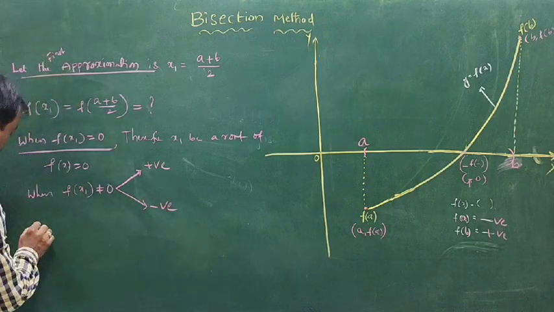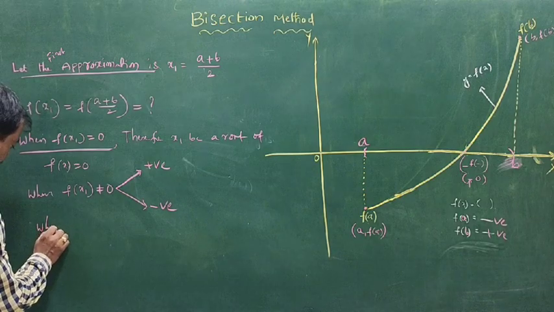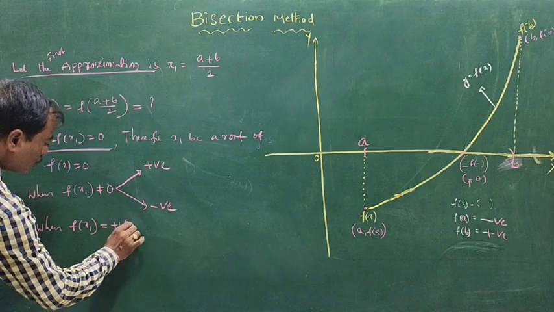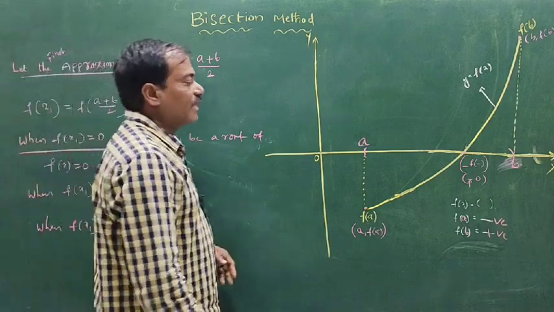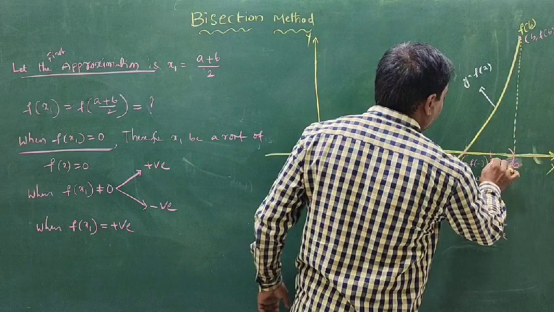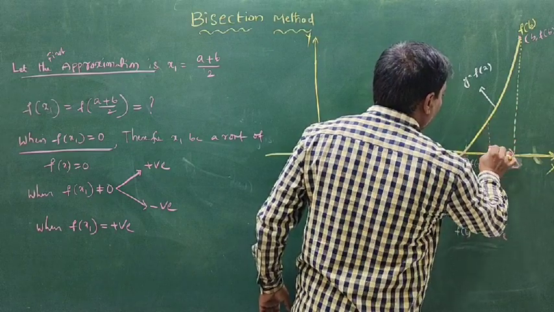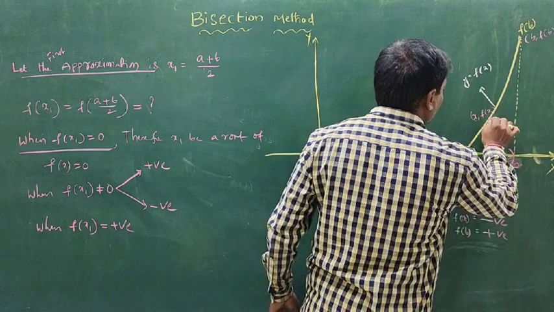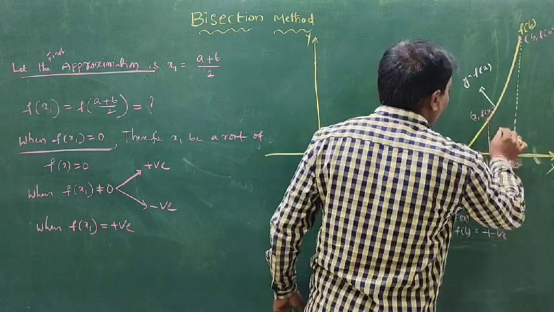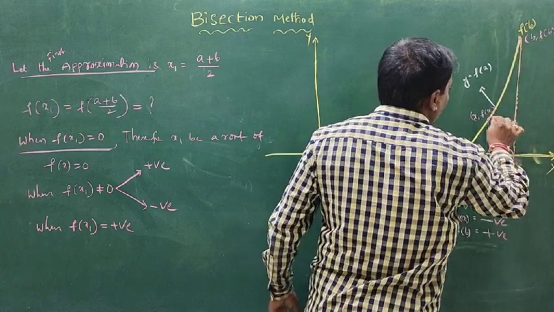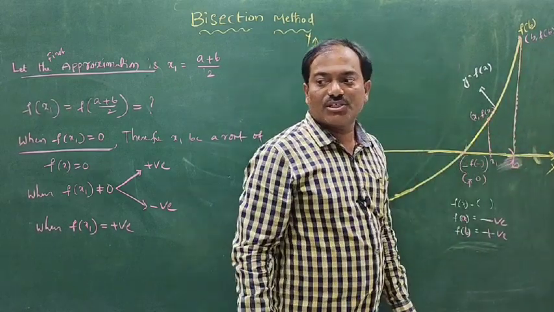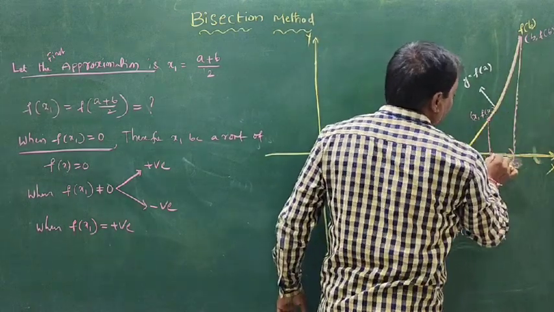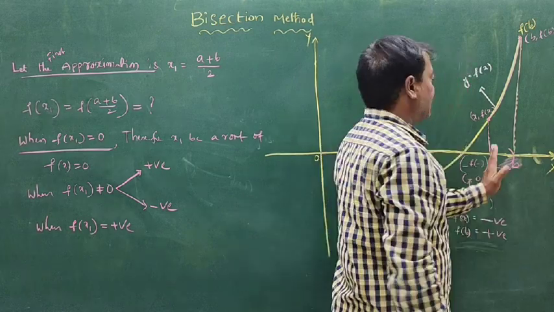When f of x1 is positive, here this is x1, and this is f of x1, the function value. According to the definition we already discussed, the graph of the function is in the first quadrant here, so the root does not belong to this interval.